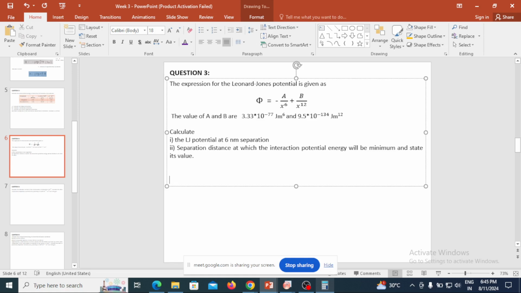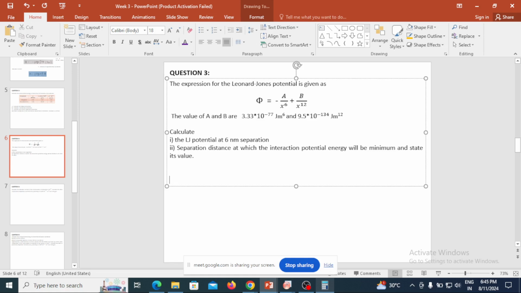So you are saying that you will take the derivative, so you are supposed to calculate the minima, right? So you take the derivative of phi and then you equate it to 0. So that will be the point where the potential energy will be minimum.